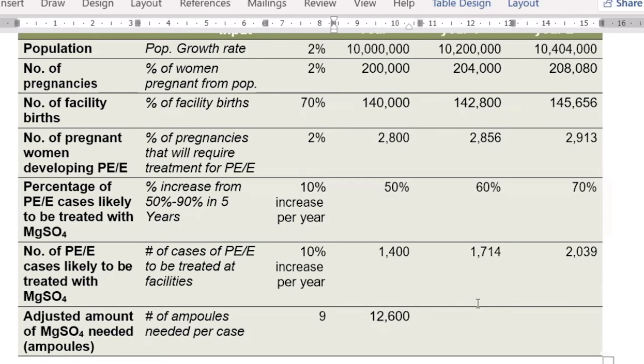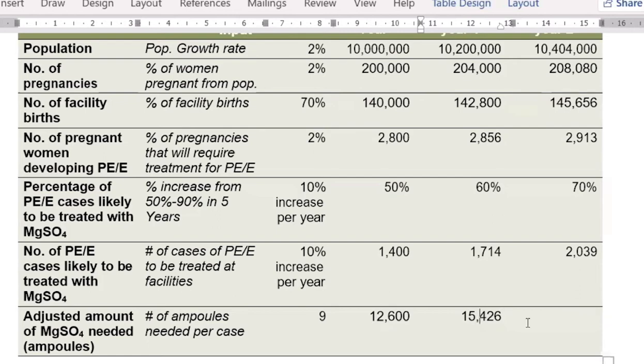Okay. Then what's the value for the first year? 15,426.